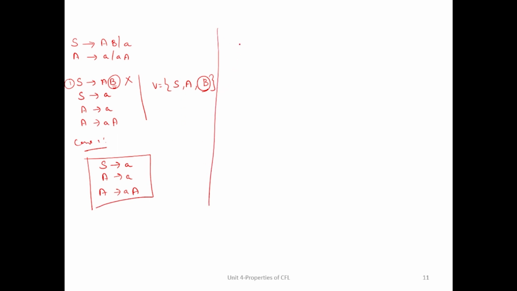Now I give another example for case 2. S implies small a, and A implies small a capital A. This is the second example, for case 2. Here the variables are S and A, and both have productions, so there is no case 1 format.